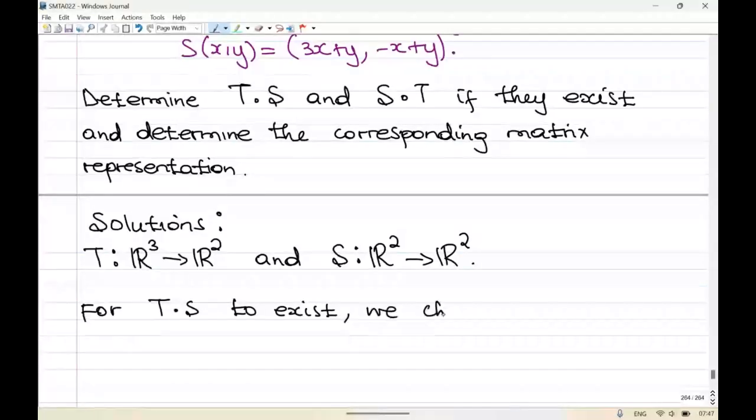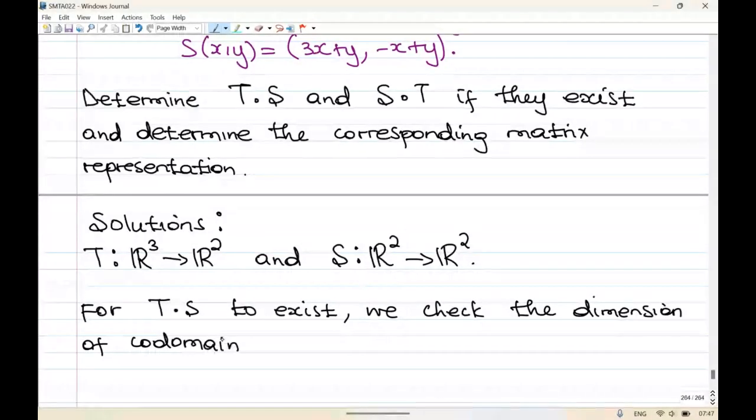We check the dimension of the codomain of map S, and the codomain of that one is R2. Do you all agree with that? Yes, sir.